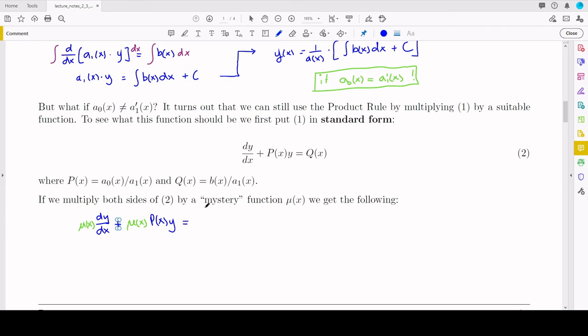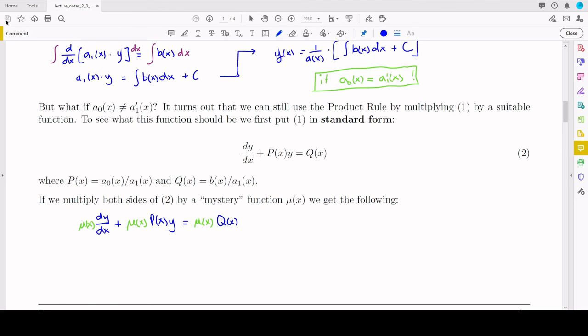And then on the right hand side, we get mu of x times q of x. Now at first that seems like a crazy thing to do because our differential equation just got more complicated. But it gives us a little bit more flexibility.